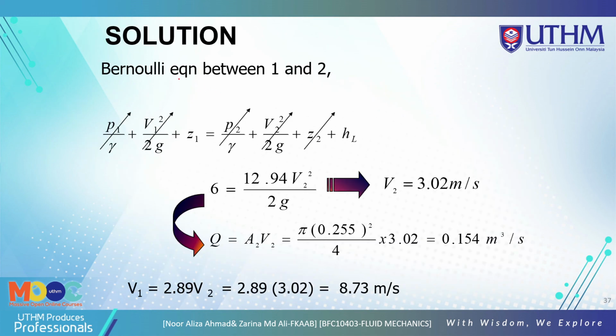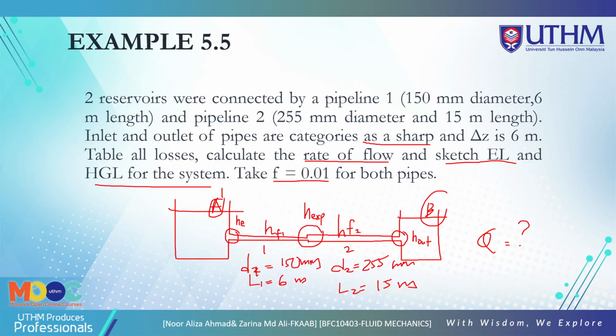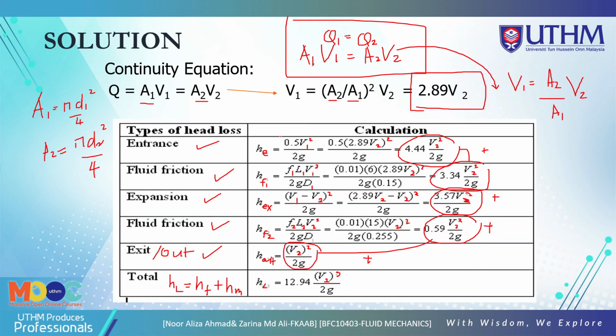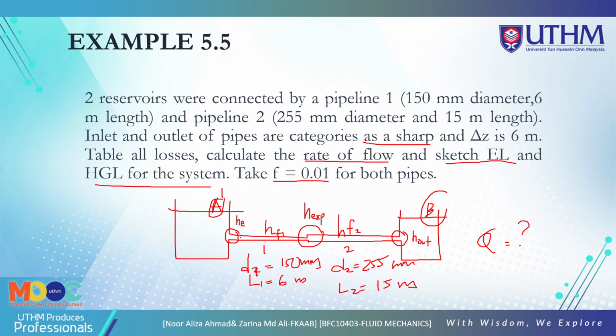Then you solve based on the Bernoulli equation between 1 and 2, between A and B, at tank A and tank B. Velocity 1 and velocity 2 are based on pipe 1 and pipe 2.